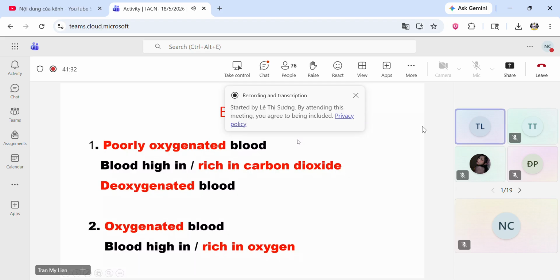Some of the key terms in terms of the blood: deoxygenated blood, blood high in or rich in carbon dioxide. Oxygenated blood, or blood high in or rich in oxygen.